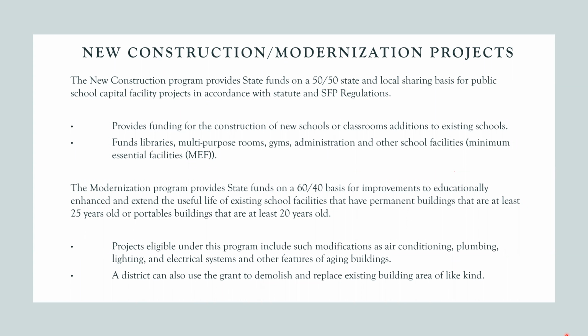Now, the modernization program provides state funds on a 60-40 basis. Projects eligible under this program include such modifications as air conditioning, plumbing, lighting, electrical systems, and other features of aging buildings. A district can also use the grant to demolish and replace existing building area of like kind.